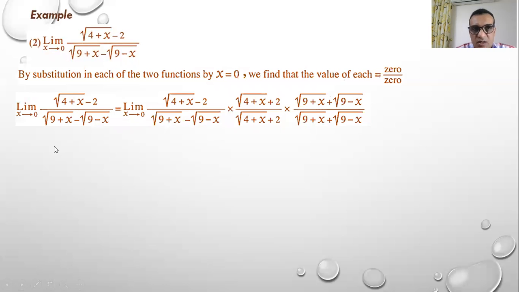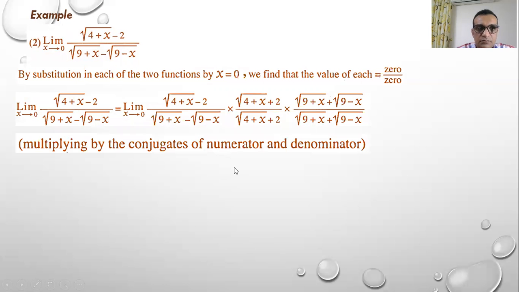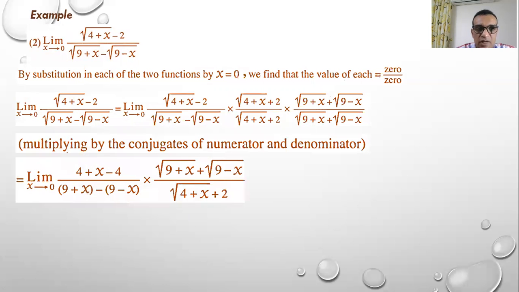By multiplying the conjugate of numerator and denominator, we have this form. And after simplification, we get the limit of 4 plus x minus 4 over 9 plus x minus 9 plus x multiply the square root 9 plus x plus the square root 9 minus x over the square root 4 plus x plus 2.